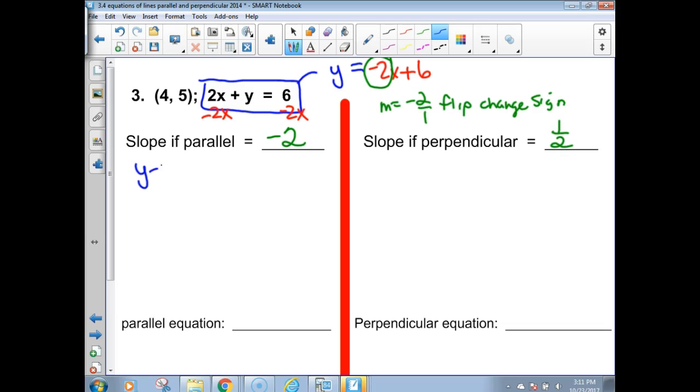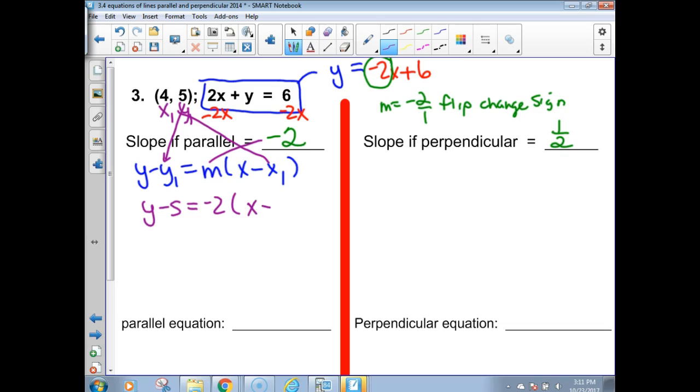Okay, I am going to fill in my y minus y1 equals m times x minus x1 formula, which is point slope formula. I'm putting in x1 of 4. I'm putting in y1 of 5. So y minus 5, I put in my m, -2, and then x minus 4.